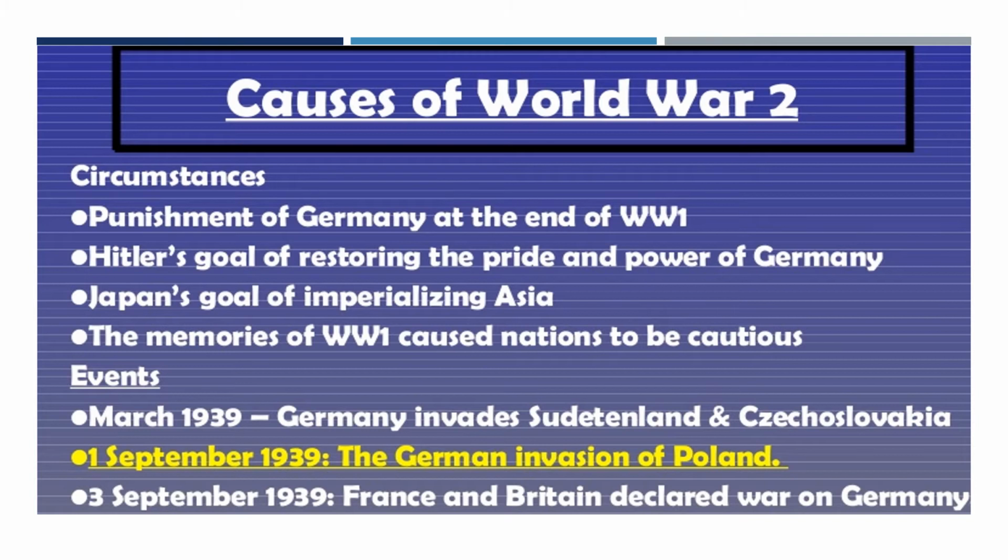Alongside that, on the other side of the world, Japan were seeking to dominate Asia, so to expand their empire. And following World War I, when there'd been so much death and destruction, other nations such as Britain wanted to be cautious and didn't want to get drawn into a second World War. However, at the start of 1939, Germany invaded the Sudetenland and what is modern-day Czech Republic and Slovakia.